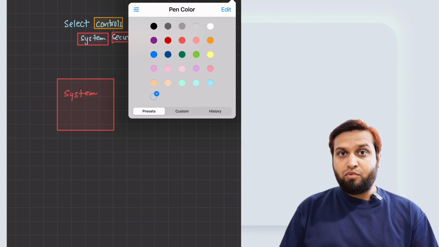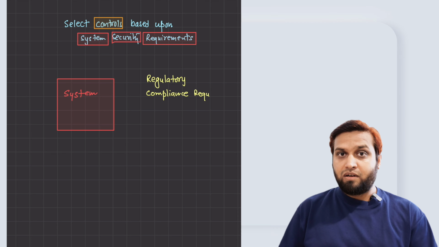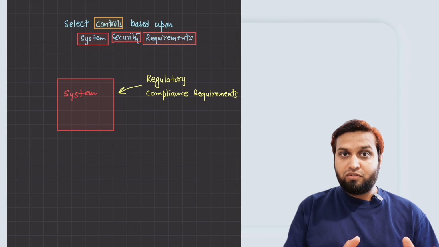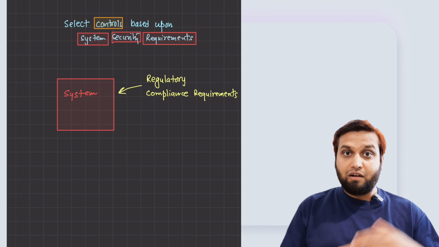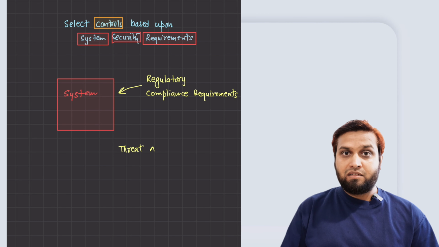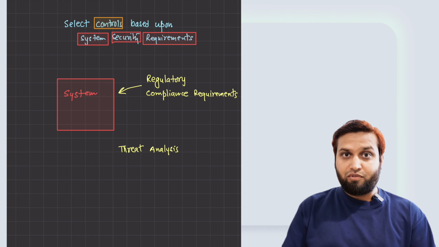Now, the first and foremost, very important dimension of selecting security controls is giving consideration to the regulatory and compliance requirements of the system. So in any commercial work or non-commercial work, or even in a government organization, when you define controls for a system, you see how this system is governed from a regulatory point of view, and what specific compliance checks this system has to stand for.